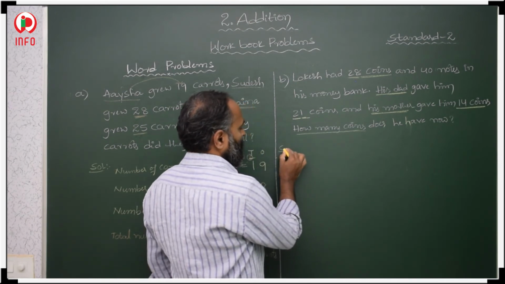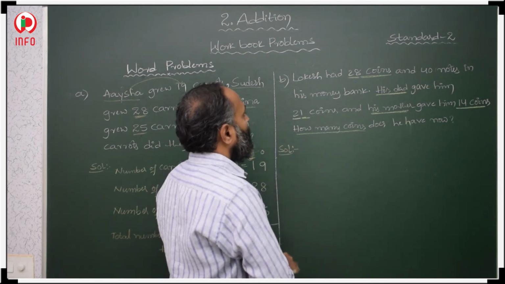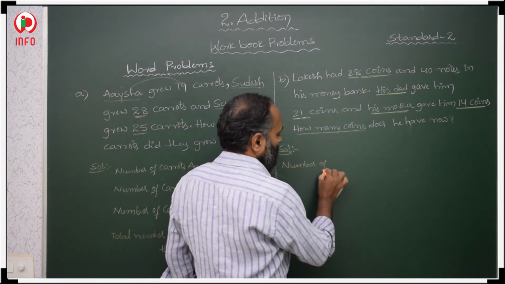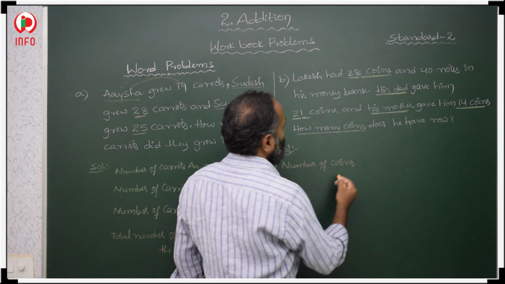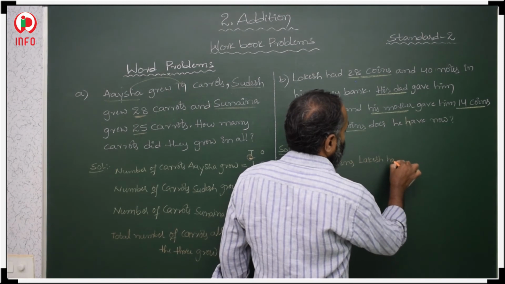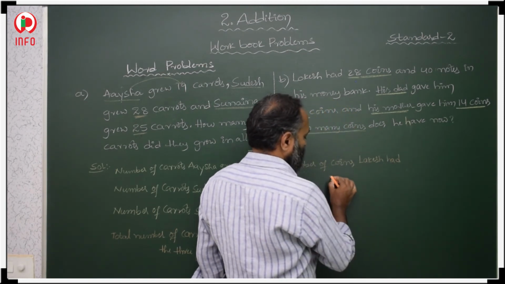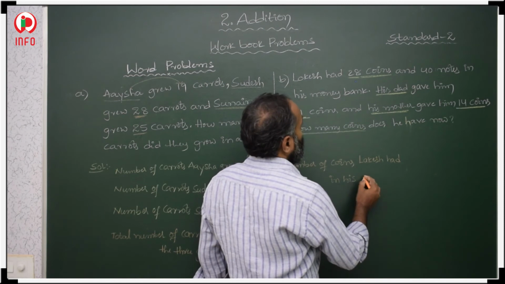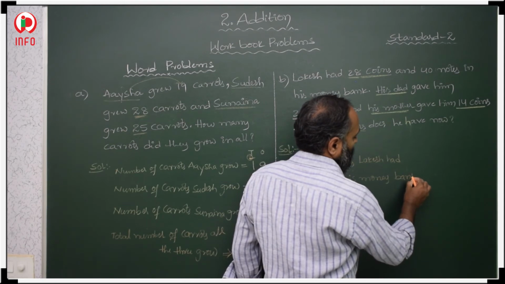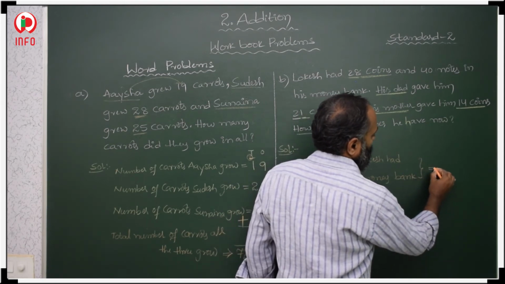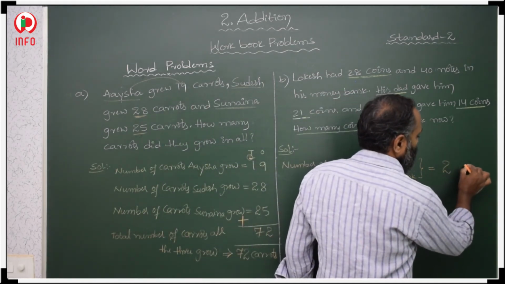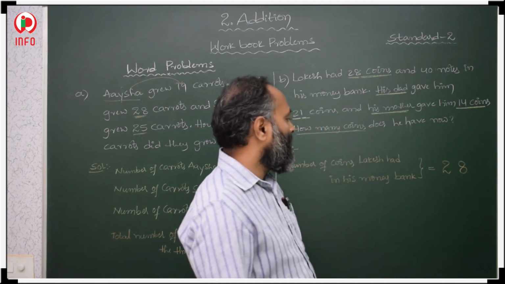Solution. Number of coins Lokesh had in his money bank. How many coins? 28 coins. So keep your numbers like this.